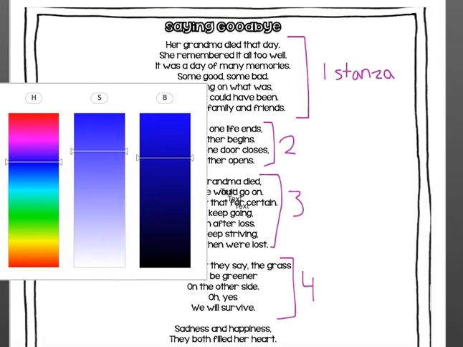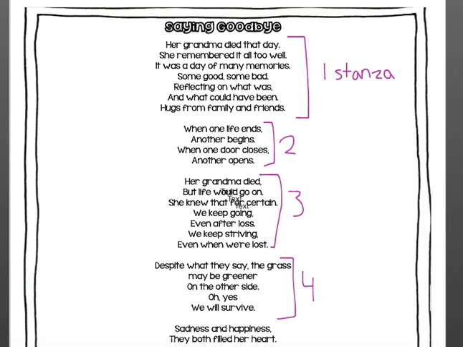Now, we also are talking about lines in a poem. A line in a poem is just one straight group of words. If we were to look at our first stanza, this group of words right here, that is one line.